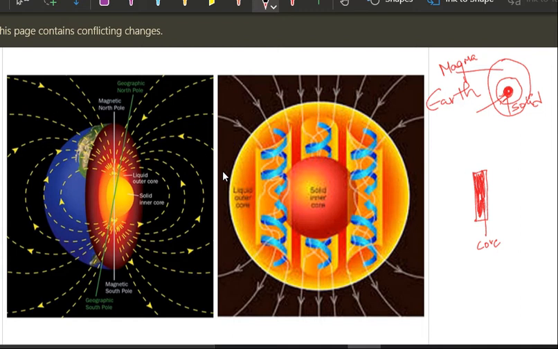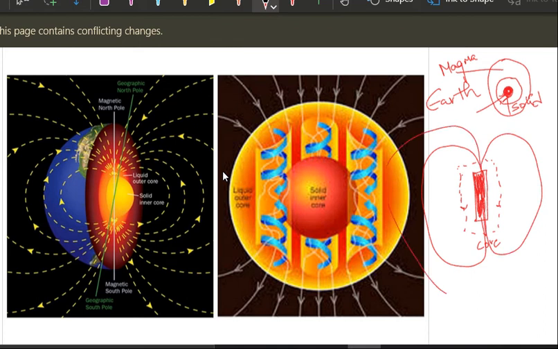We know basic physics: if any charged particles move around a body, it creates a magnetic field. Simple. That is how this magnetic field of Earth is produced.